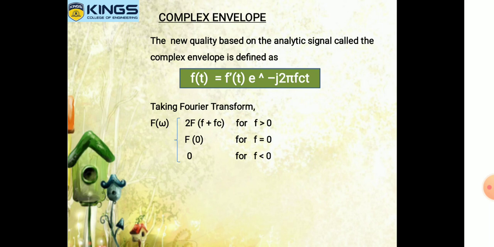By taking the Fourier transform, F tilde of f will be equal to 2F of f plus fc for f greater than 0, F of 0 for f equal to 0, and 0 for f less than 0. So the complex envelope is just the low pass signal part of the analytic signal. The analytic low pass signal has been multiplied by the complex exponential at the carrier frequency.